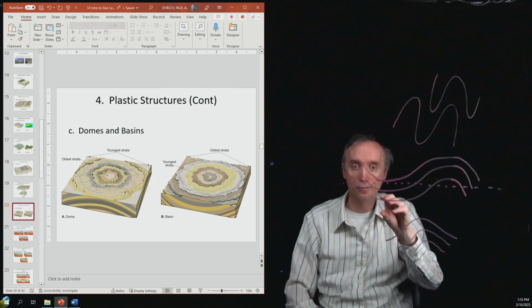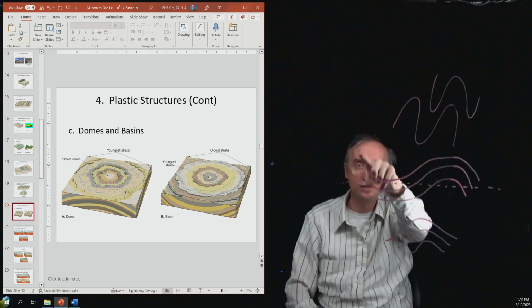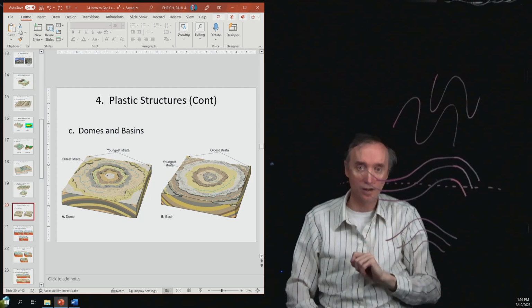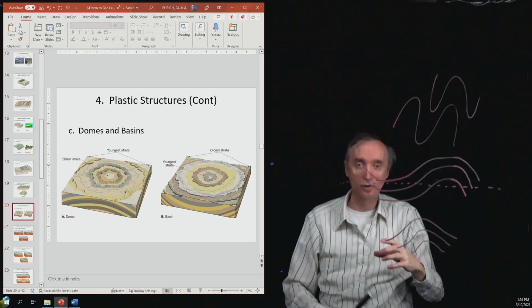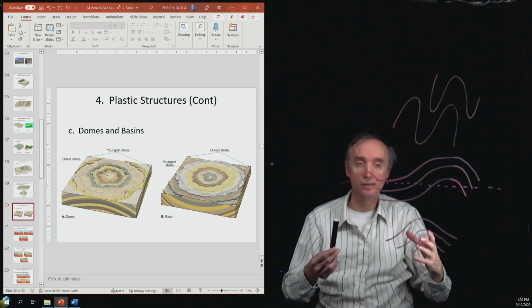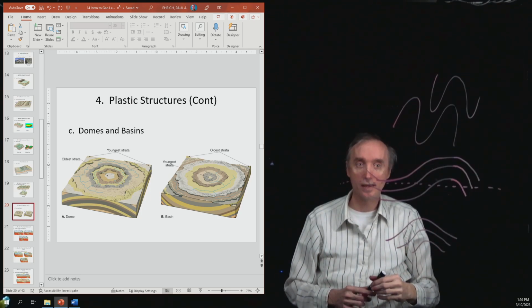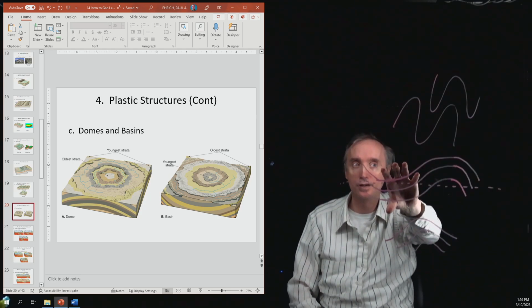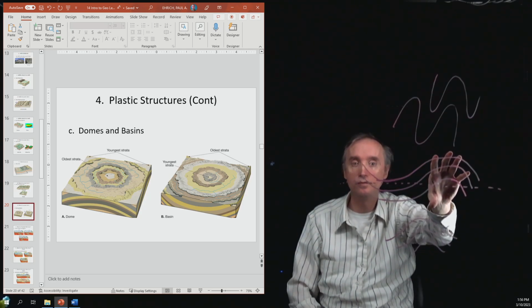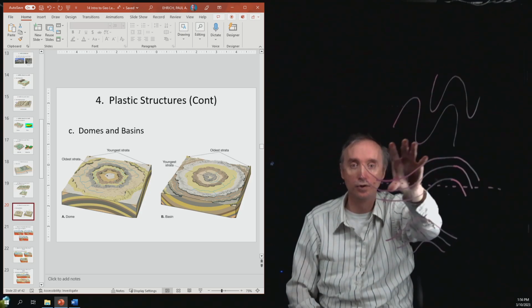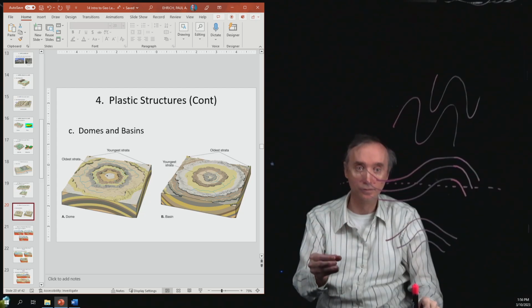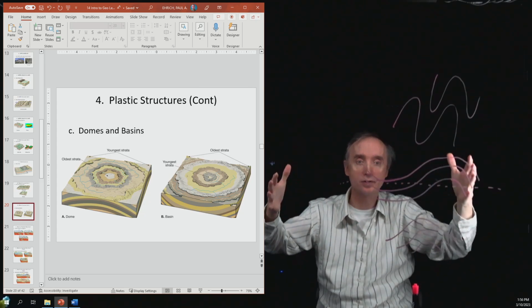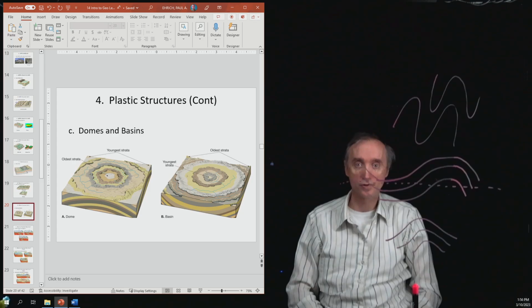If you look at the basin from the side view, you're going to notice that it's dipping down, so it's going to look like a syncline. From the top-down view, it's going to look like circles within circles. And just like with the anticline and the syncline, you can figure out which one you're looking at by looking at whether the oldest rocks are in the middle, or the oldest rocks are on the outside of the structure.